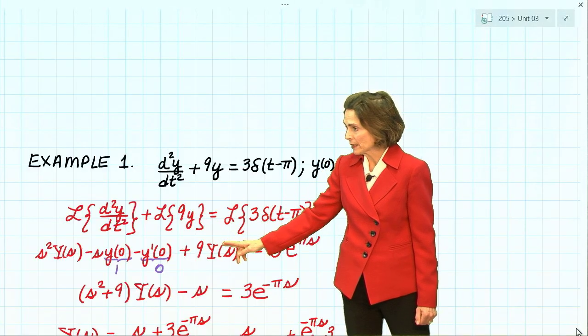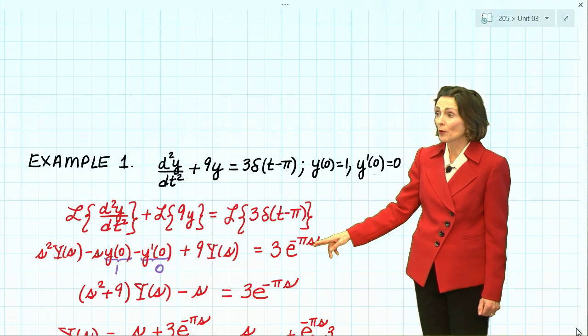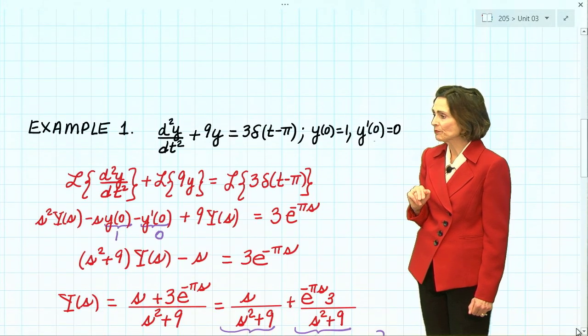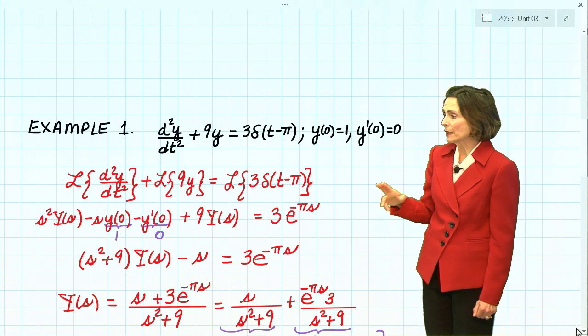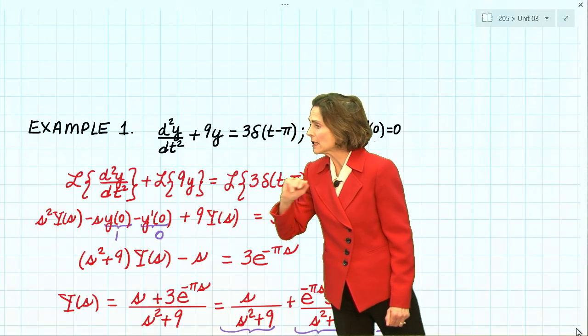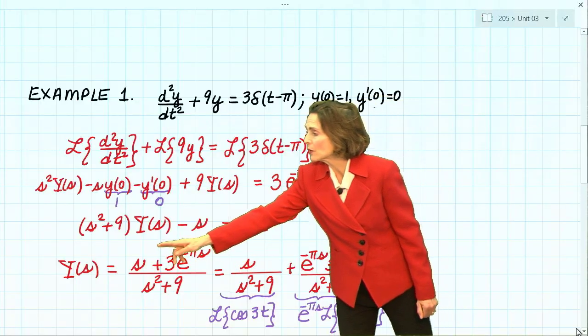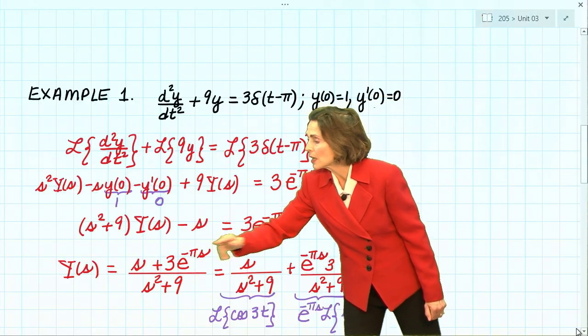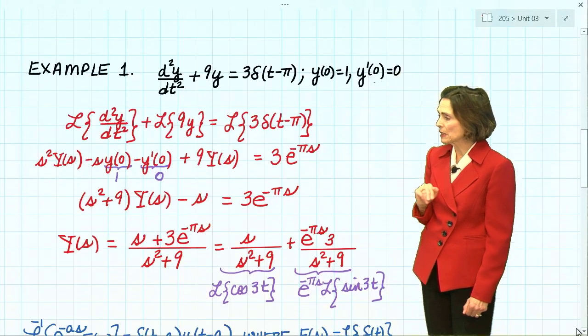Plus 9, capital Y at s, and on the right-hand side, we'll have 3 e to the minus pi s. I need to solve for capital Y at s, so notice I can factor on the left-hand side. I've got an s squared plus 9 times Y at s. I've got a minus s, but it's going to come over to the other side, so that here is capital Y at s.